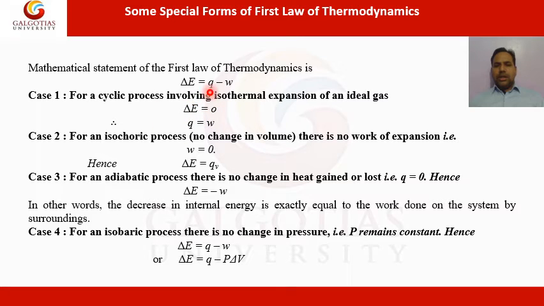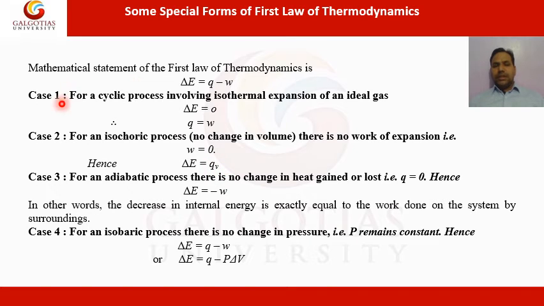So this equation is converted to Q is equal to W, the work done. In the second case, for an isochoric process, meaning no change in volume, there is no work of expansion, that is W is equal to 0. So here delta E is equal to QV.